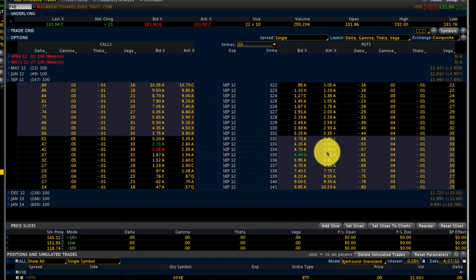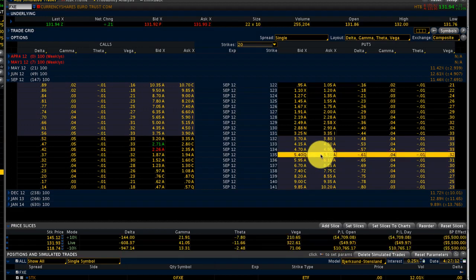So if we look at the 134, 135 put, we'll be paying $5 for this put. But if it does move a couple of dollars, this 5.50 should become around 6.70 or 6.85. So that would be about a 25% return. So that I think makes sense. Let's look at the 5.50 put.